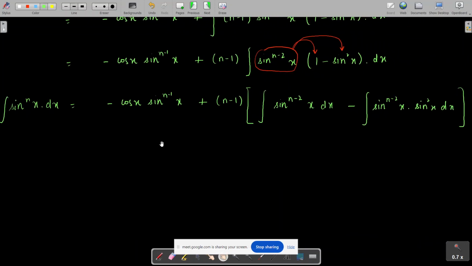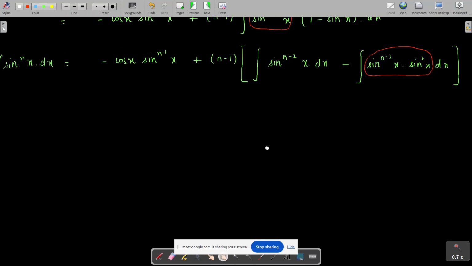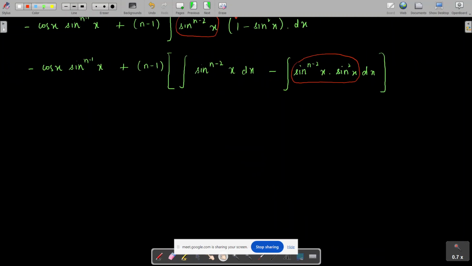And now let's simplify this expression, Arushi. Can you tell me what will be the value of this? Isn't it just sine to the 0?